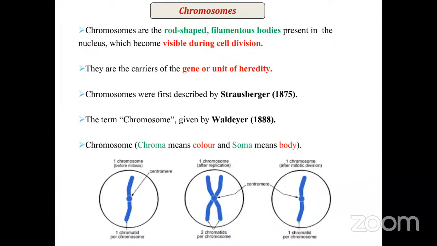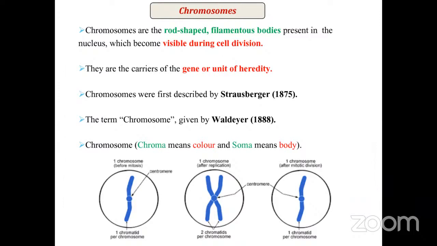In meiosis, the product is haploid gametes, which are genetically dissimilar. But in mitosis, the new cells formed from the parent cell are genetically identical. That is the outcome of mitosis.